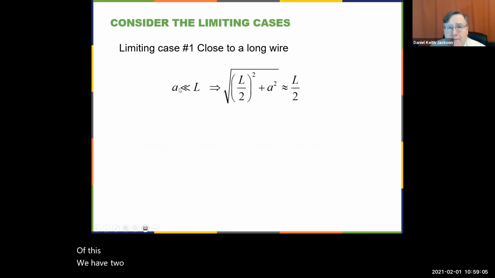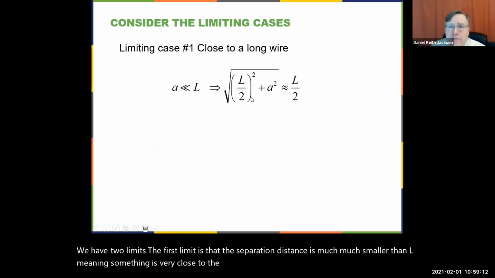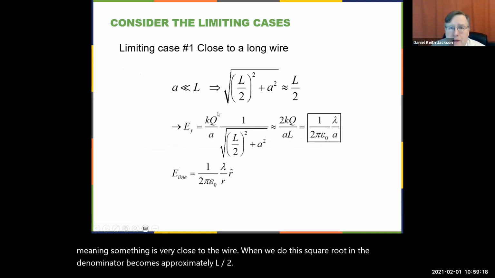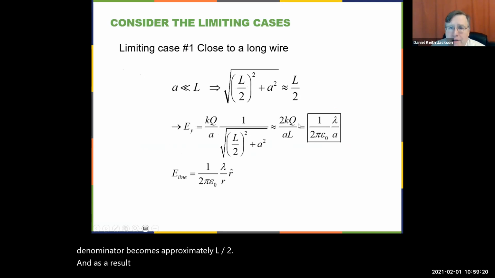The first limit is that the separation distance is much, much smaller than L, meaning something is very close to the wire. When we do this, the square root in the denominator becomes approximately L over 2. As a result, our expression simplifies into 2kq over A times lambda.